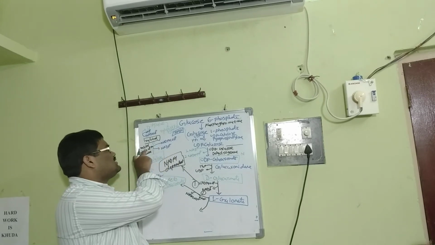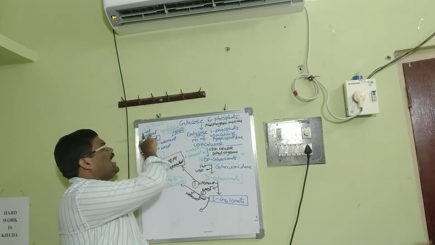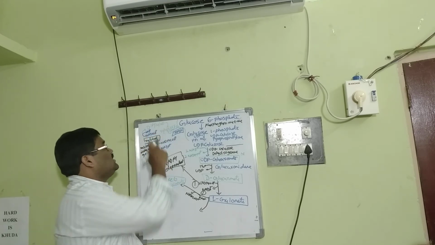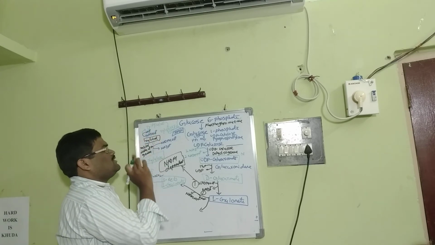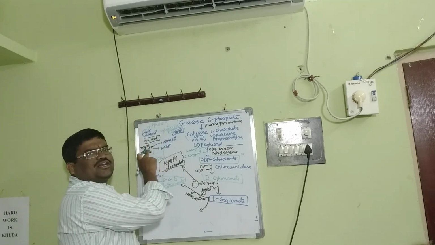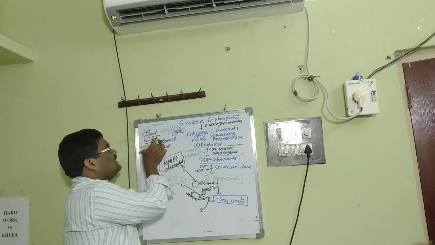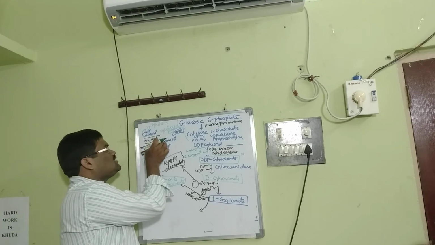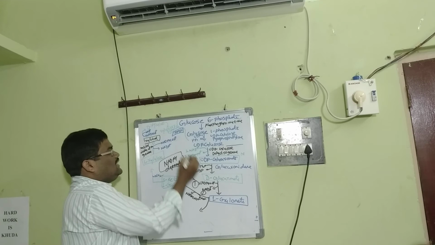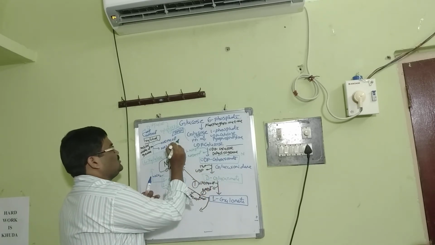This L-xylulose is converted to xylitol, and the xylitol is subjected to oxidation. That means one more NADH will form: NAD plus to NADH plus H plus. So it will become D-xylulose. That means it's an essential intermediate step for conversion of L-xylulose to D-xylulose. The reduction, catalyzed by an NADPH-dependent enzyme, is the second NADPH-dependent reaction.